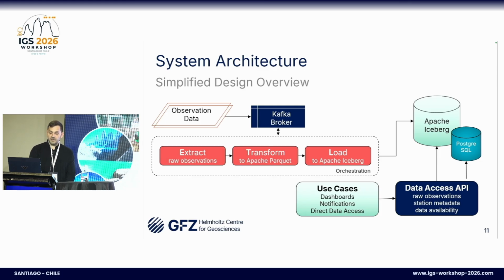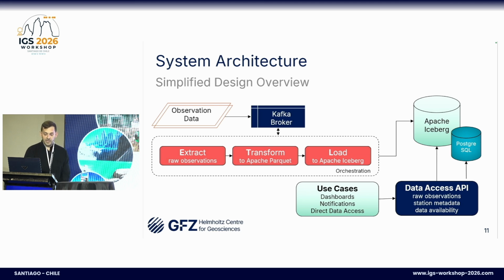Then we have a Kafka message broker in the middle, where we write a message to a topic, and the other microservices can then subscribe to these topics and perform operations on a millisecond basis.